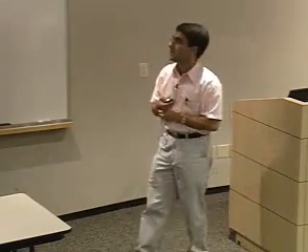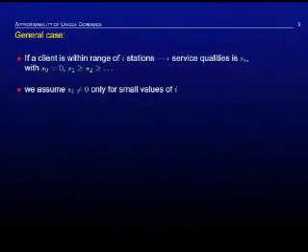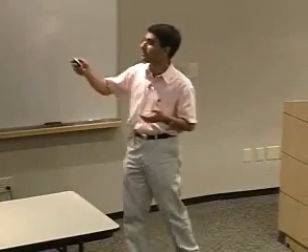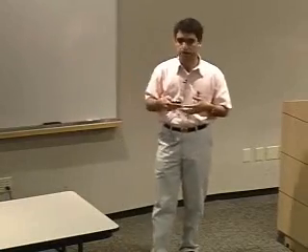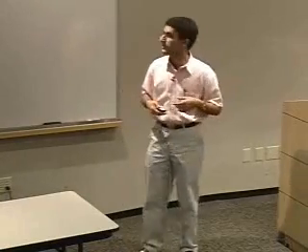So in the general case, you can model it. We say if a client is within range of i stations, then we have a service quality Si, and if S0 is 0, S1 is better than S2, and it declines. And you can usually assume that only the first few values of Si are non-zero, and as it grows, then the Si's all become 0.